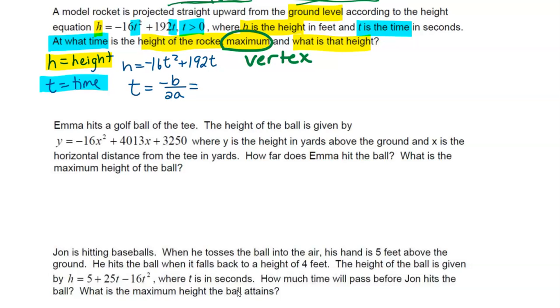So b is positive 192, so we're going to say negative 192 divided by 2 times negative 16. We have a negative divided by a negative, which gives us a positive. That's negative 32. And then negative 192 divided by negative 32 is 6. Check your calculator. Yeah, 6.